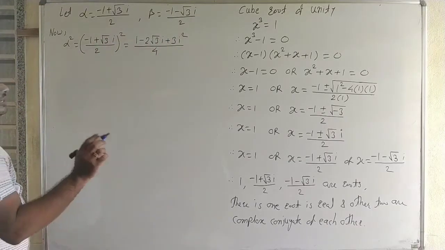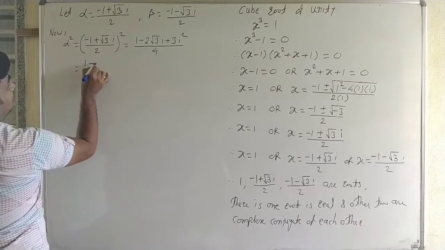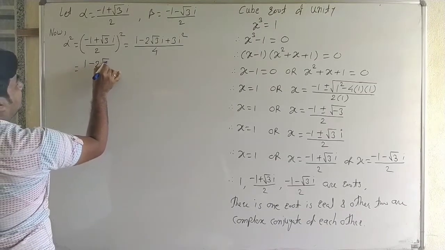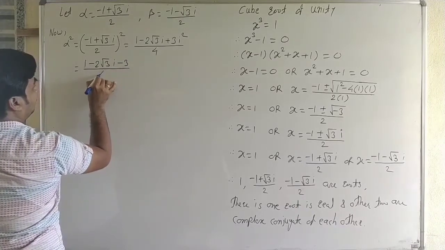We know that i square is minus 1. Therefore we can write it as 1 minus 2 under root 3i minus 3, upon 4.